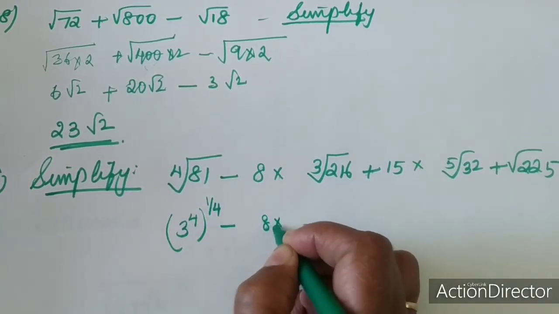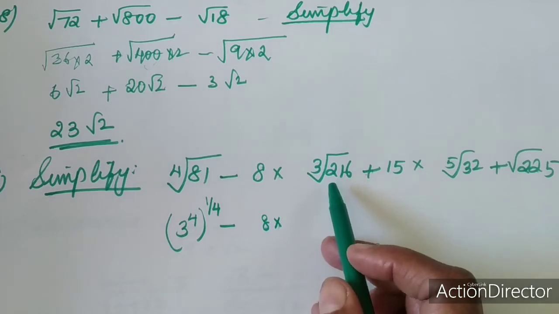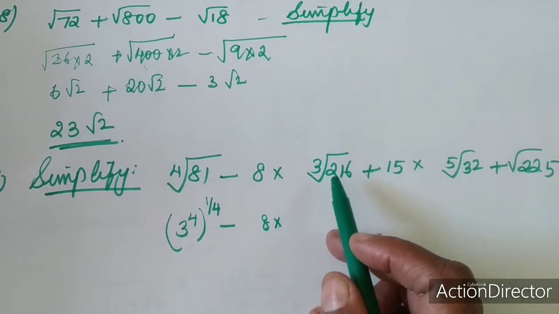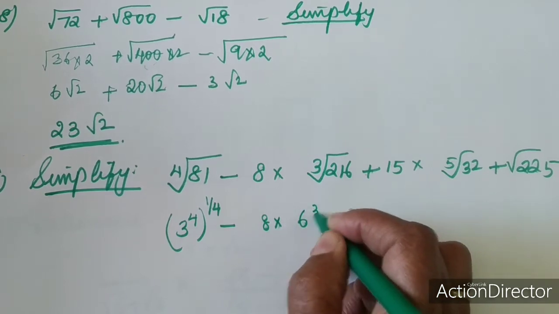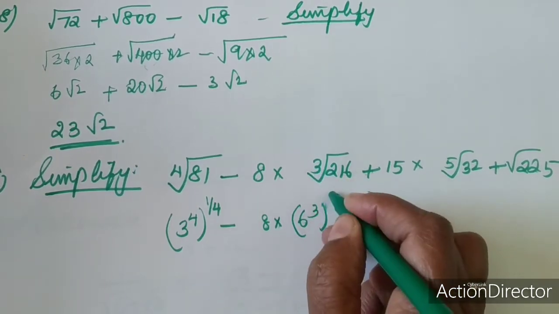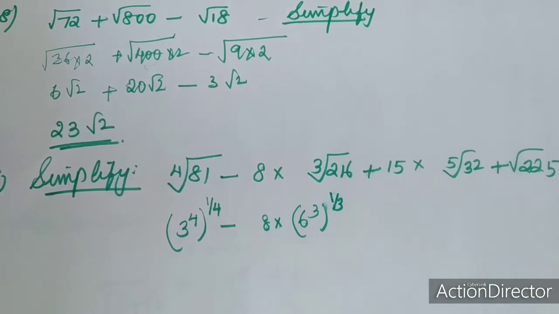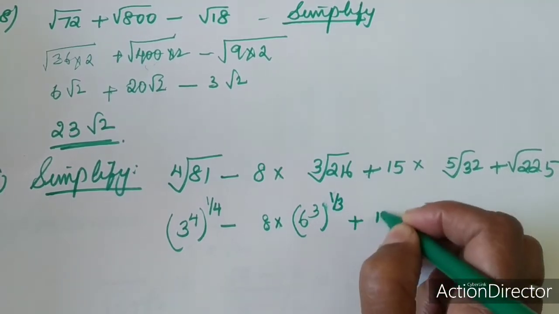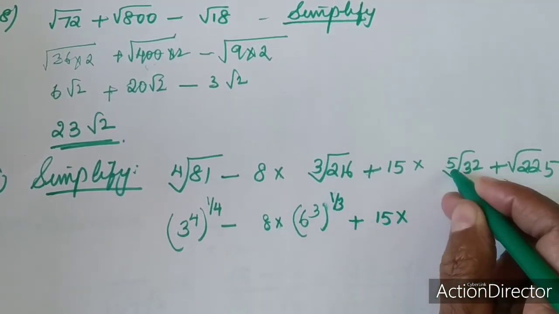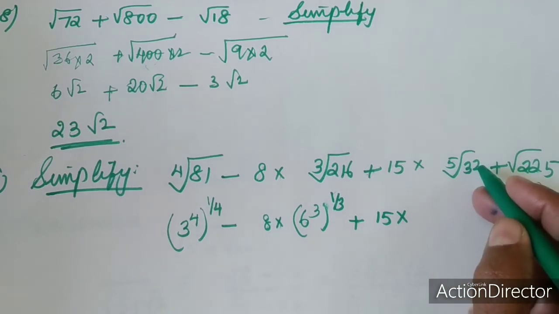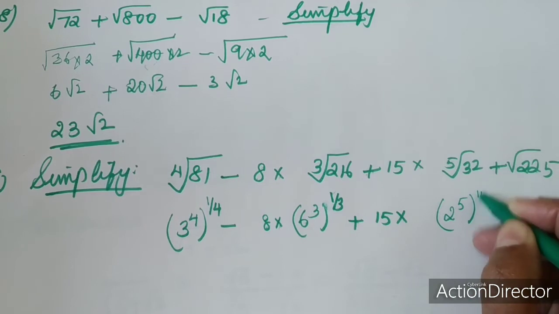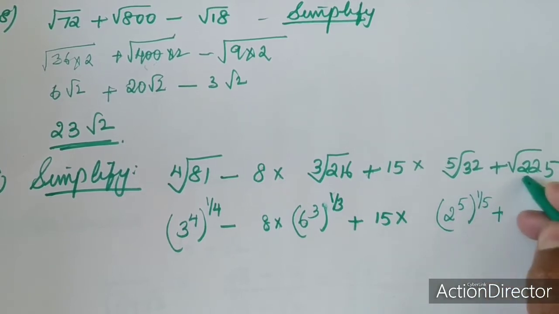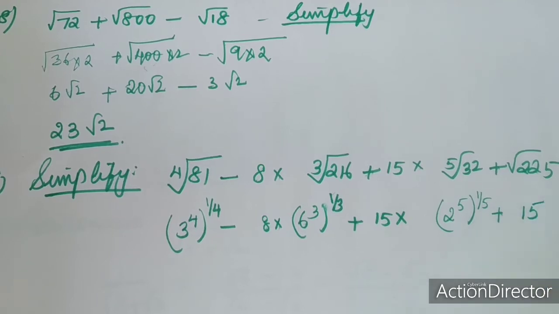Minus 8 into, and similarly if you observe this 216, when you do the prime factorization you can see it will be 6 power 3, and this cube root can be written as 1 upon 3. Plus 15 multiplied by, since this is a 5th root, I can express this 32 as 2 power 5 whole power 1 upon 5, and the square root of 225 is 15.